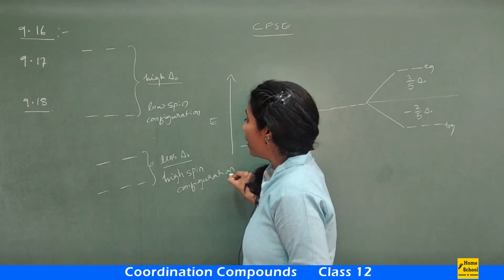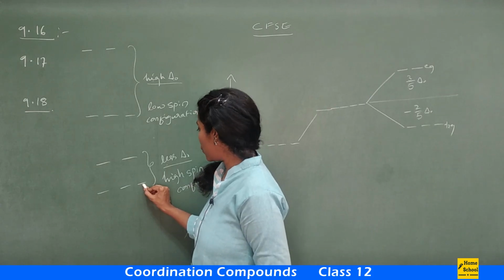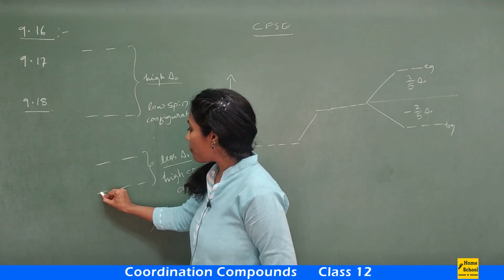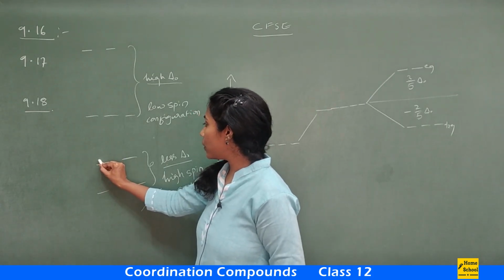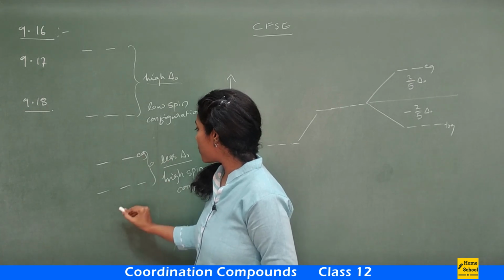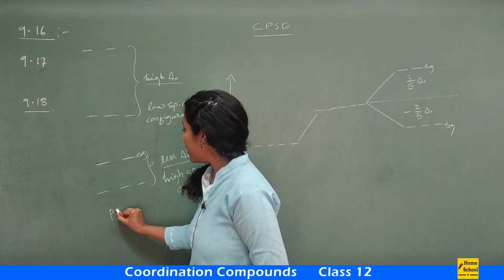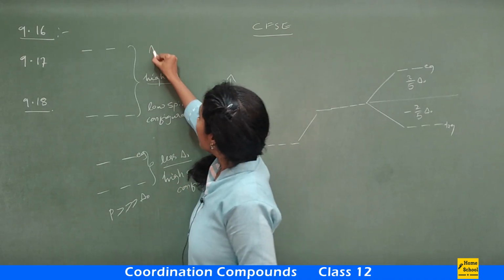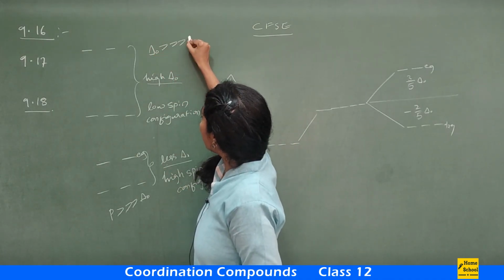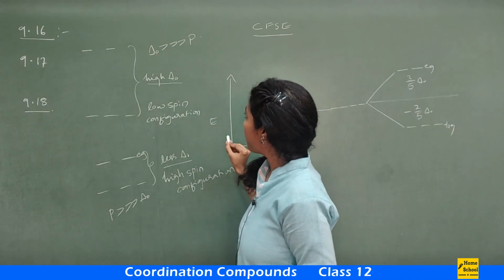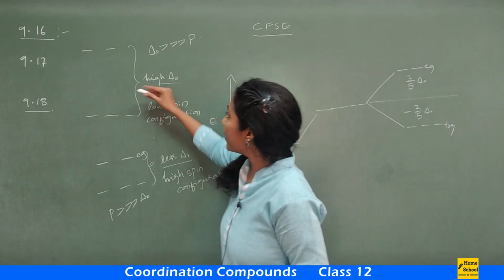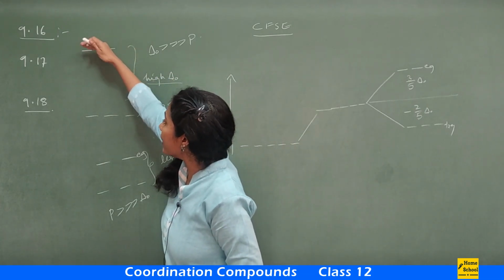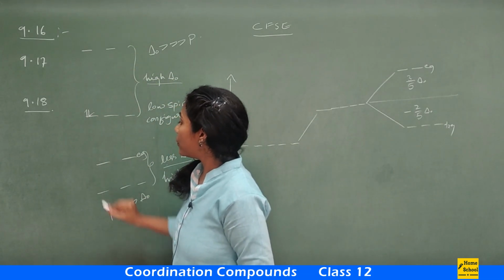Whenever you have a fourth electron, instead of pairing, the electron would like to go to the EG set where pairing energy is much greater than delta naught. In the other case, delta naught is much greater than pairing energy, so instead of the fourth electron going up, the electrons would like to pair up.